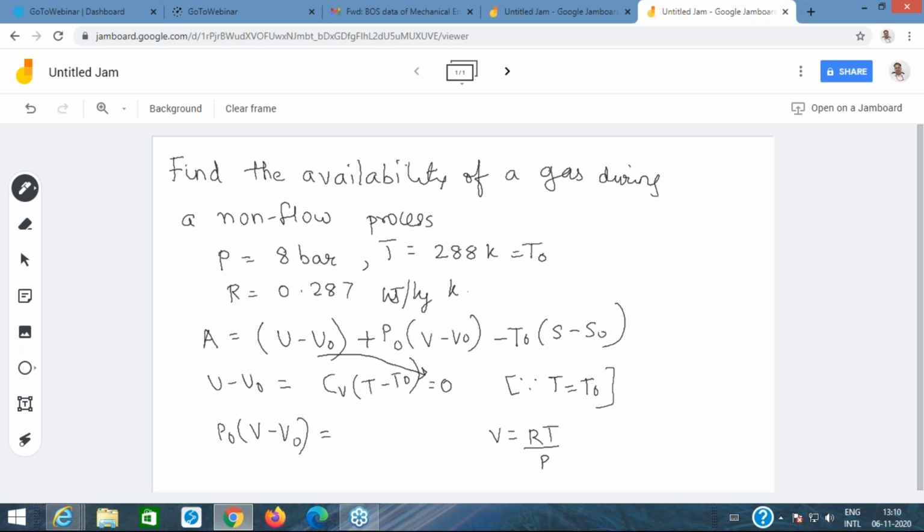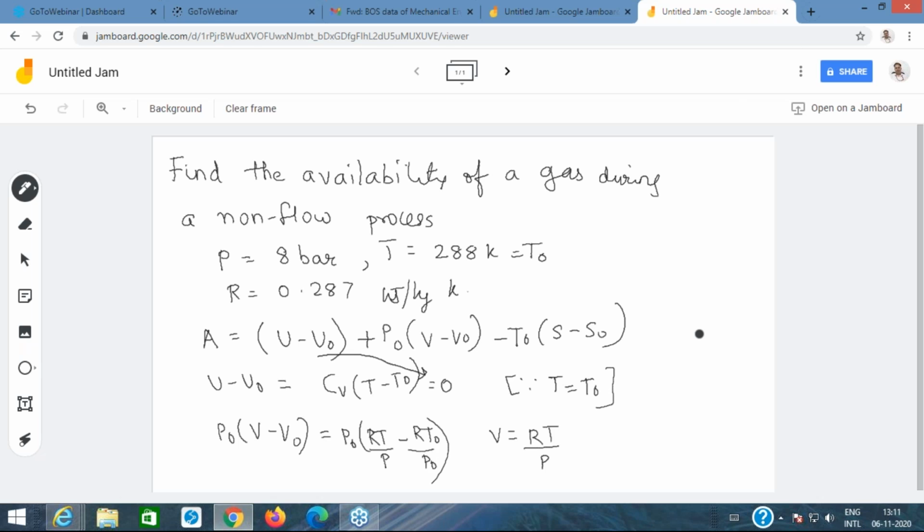Substituting it this way, you'll get P naught times (RT upon P minus RT naught upon P naught). This will give you the second expression, and the third expression is the entropy change.